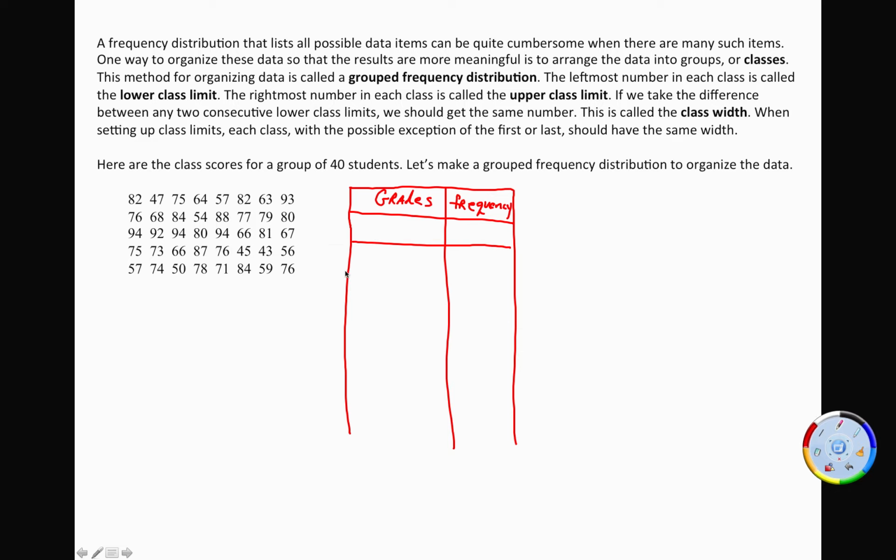Okay. So if we are going to organize these, let me look over here and see what my lowest score is. I've got something in the 40s. Here's some more 40s.